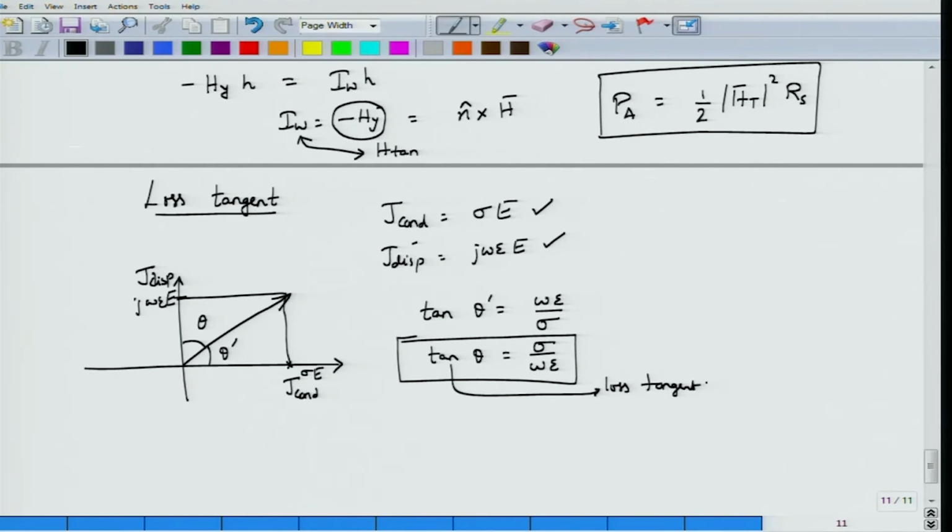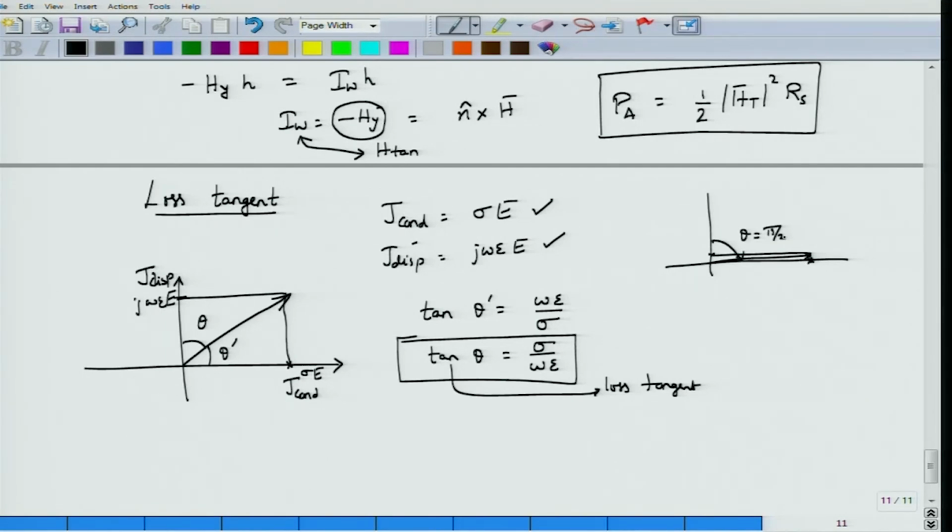Okay. Why is it called the loss tangent? If you look at two cases, in one case let me assume that the conduction current is very large, and the displacement current is very small. Then the total current points very close to the conduction current, and theta is around pi by 2.